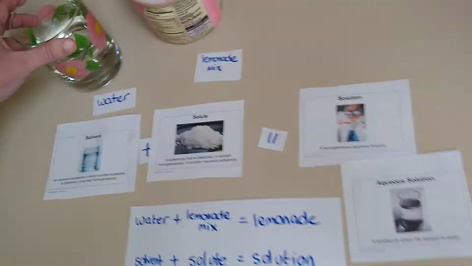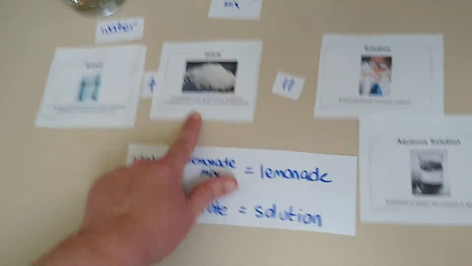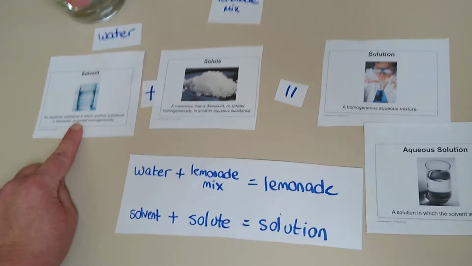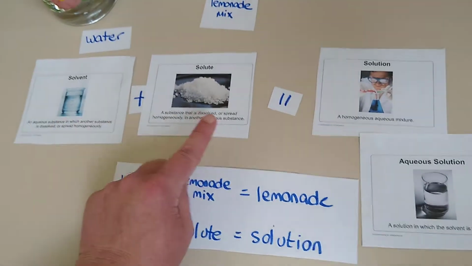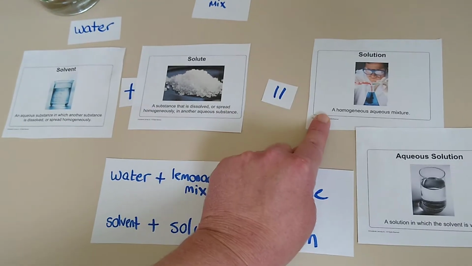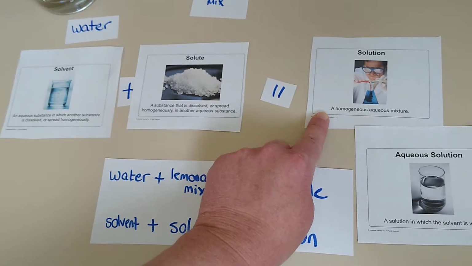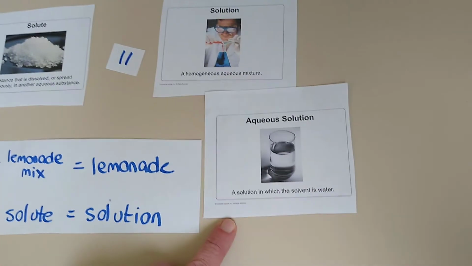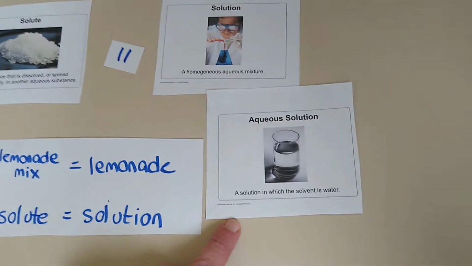Okay, let's review. Solvent plus solute equals solution. The solvent is what does the dissolving. The solute is what gets dissolved. The solution is what is made, the two mixed together. If it's an aqueous solution, then the medium or the solvent is water.